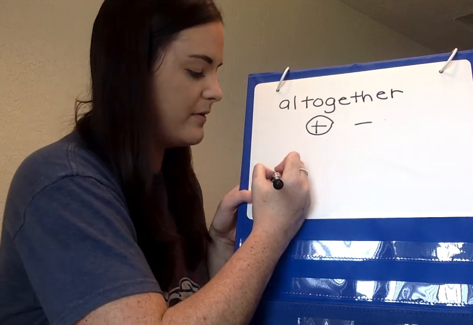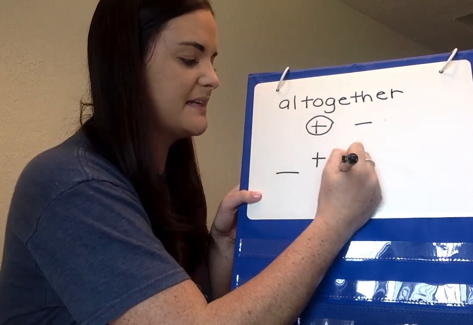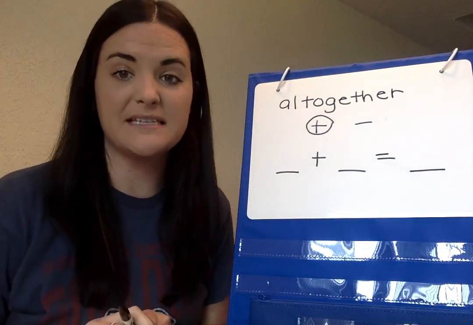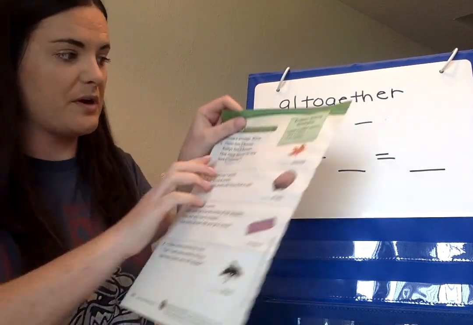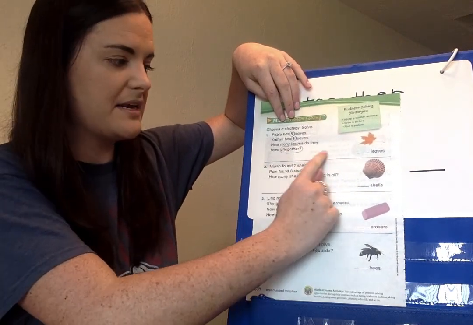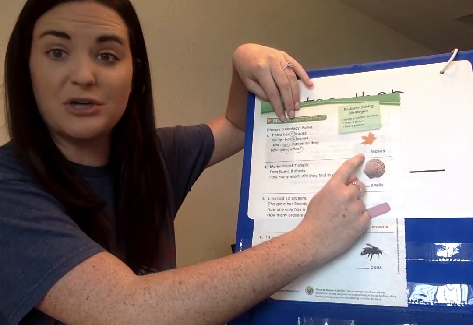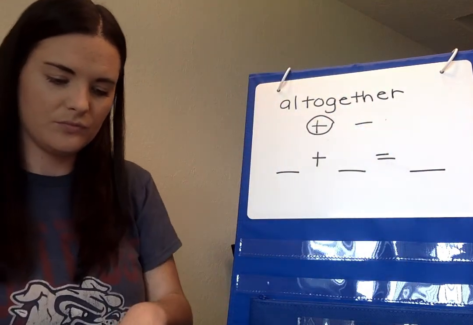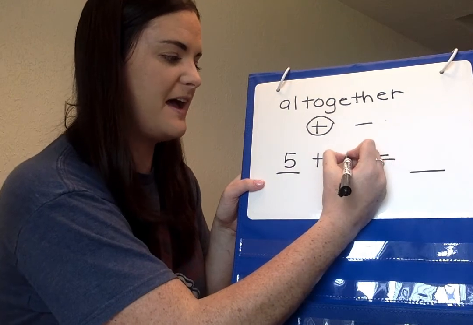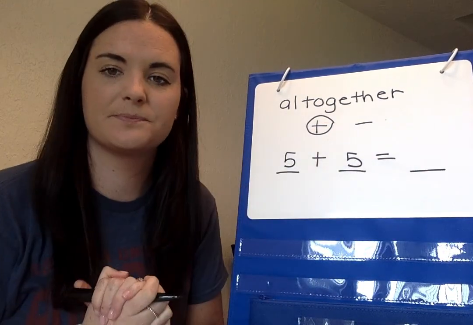So we are going to make a number sentence. Please write this number sentence under the story problem on page 334. You can write yours right here, and we'll write our final answer on the line. 5 leaves plus 5 leaves equals.